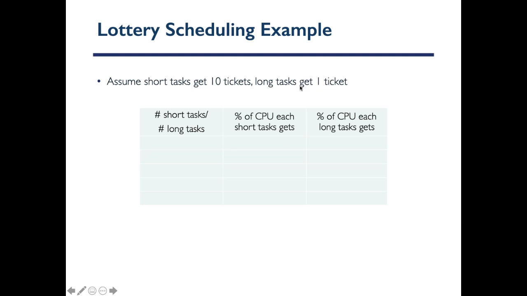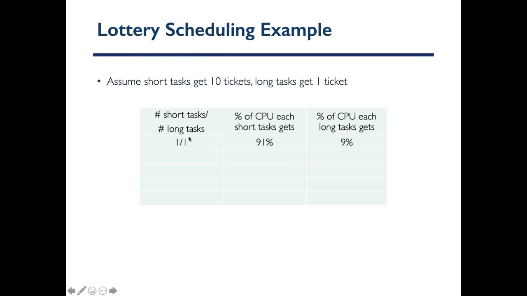Here I'm going to show you different scenarios where we have different ratios between long tasks and short tasks. And here we're going to see how much CPU time on average each short task gets percentage-wise, and how much CPU time each long task gets, again, on average and in a percentage way.